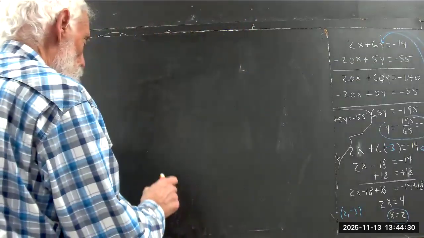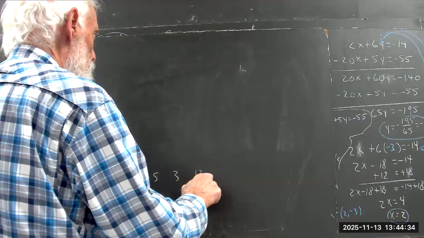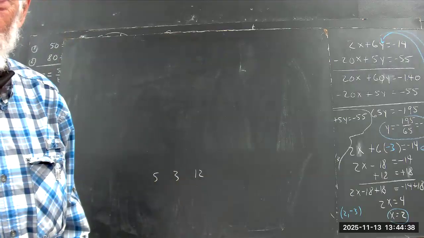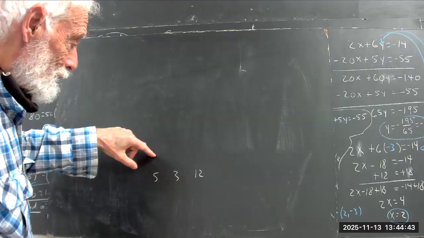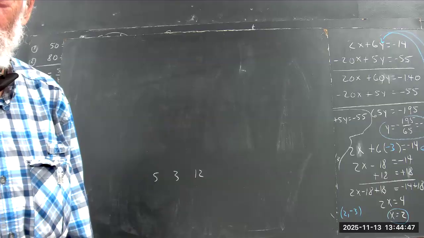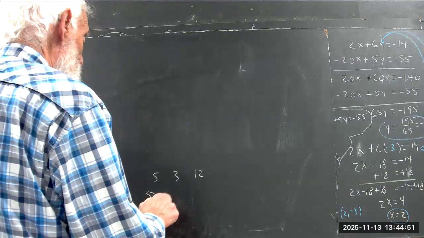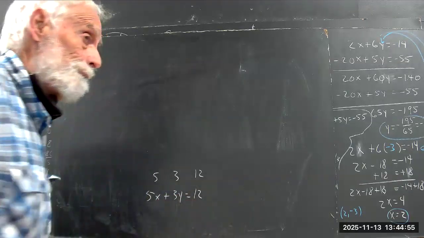So if I wrote down, for example, 5, 3, 12, what equation would that correspond to? If we understand that this number goes with x, this number goes with y, and this number is on the other side of the equal sign, it's very easy to see that means 5x plus 3y equals 12.